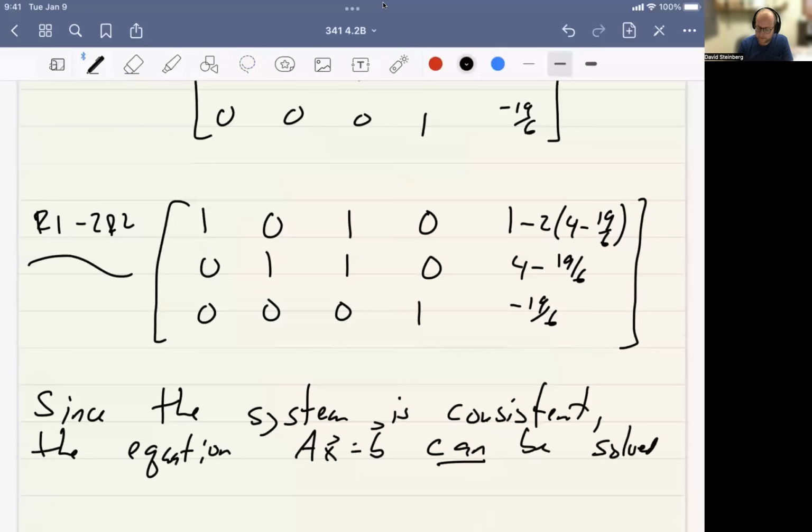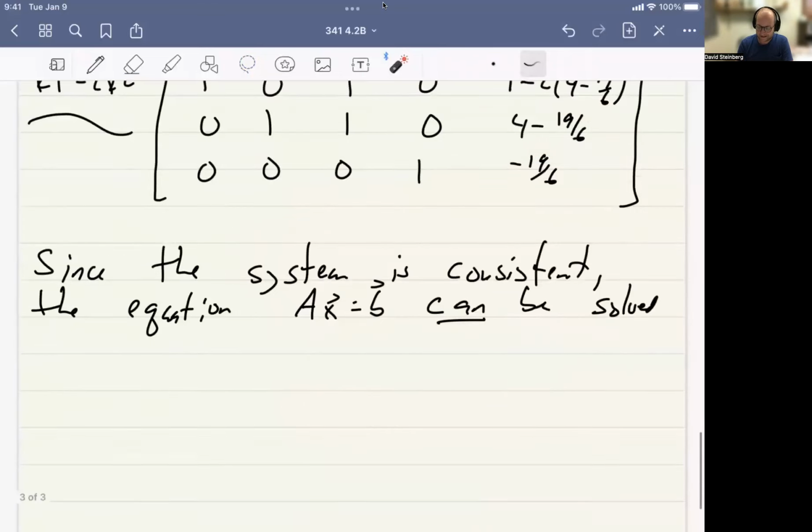And in fact, as soon as we sort out what 4 minus 19 over 6 is, then we'll have a solution. But we weren't asked to find a solution, just asked to see if b is in the column space. And so we can conclude that b is in the column space of A.